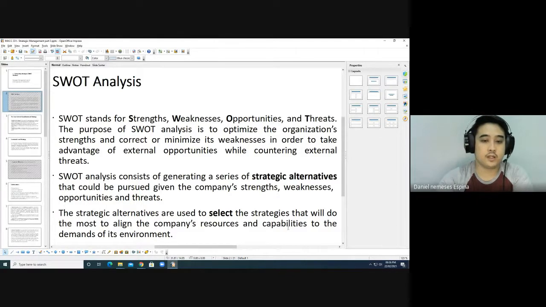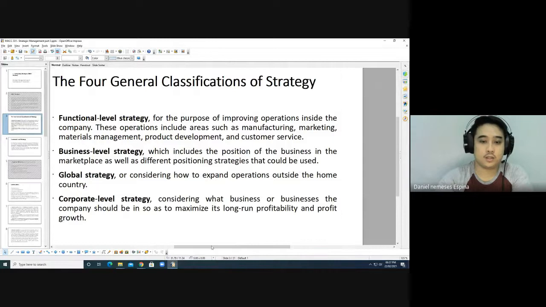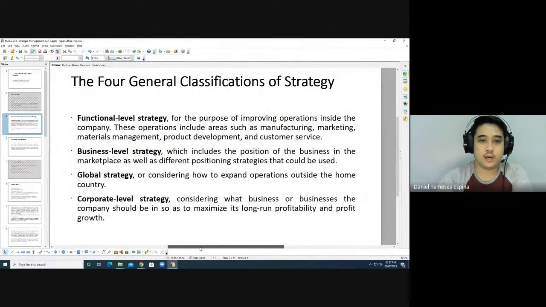So strategic alternatives are used to select the strategies that will do the most to align the company's assets or resources and capabilities to the demands of the external environment. So we have four general classifications of strategies. So we have the functional level.